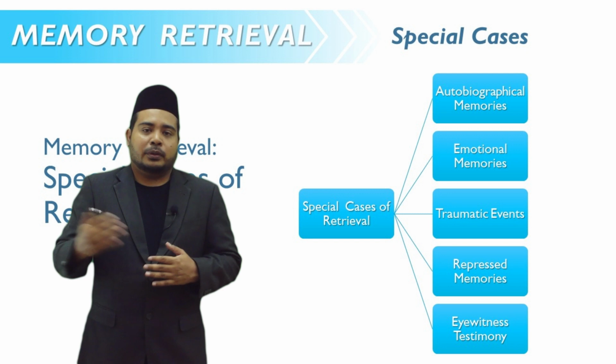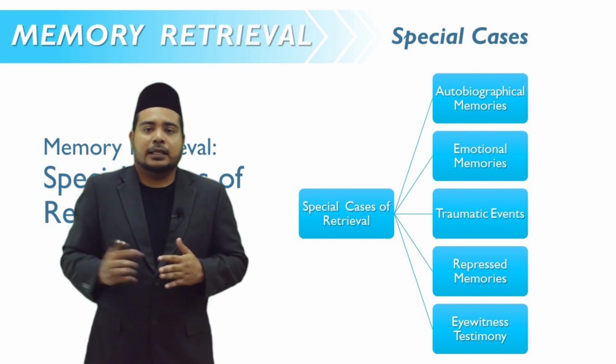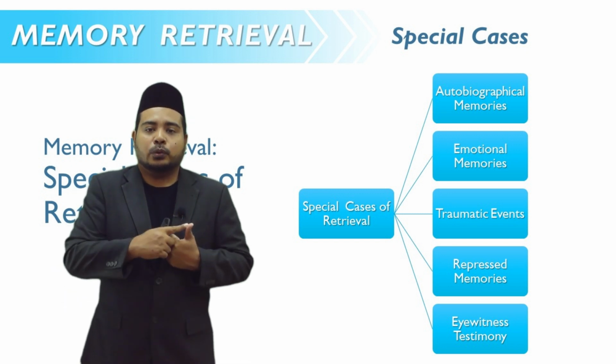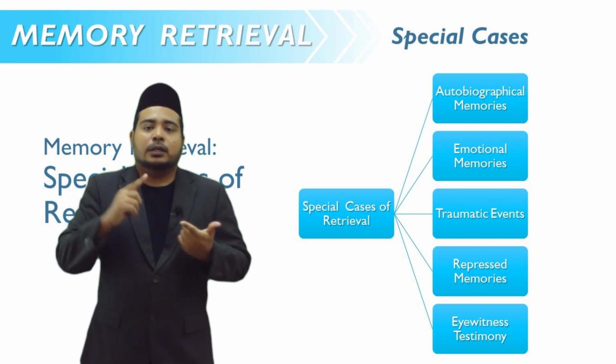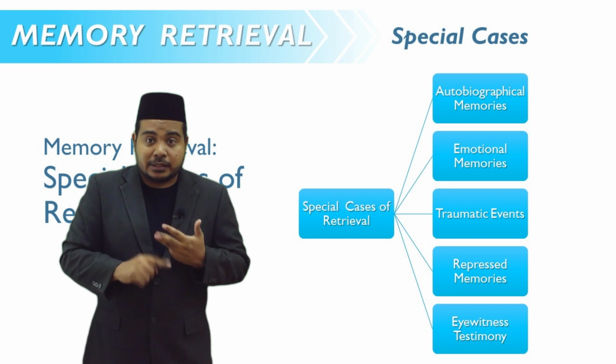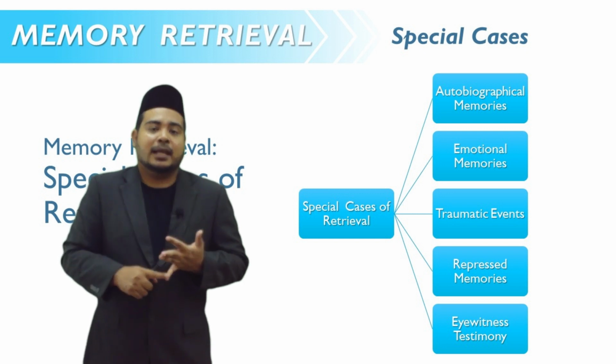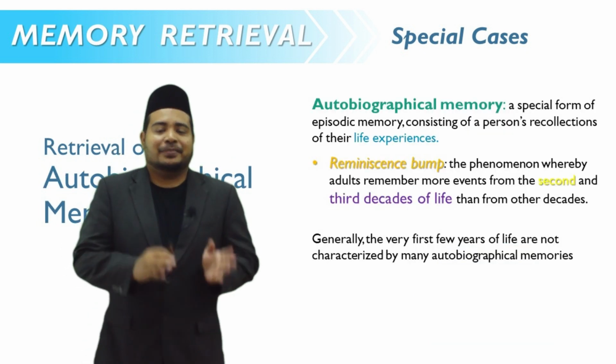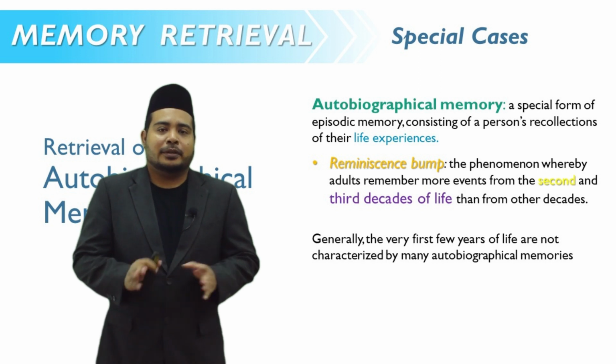Some of them we are going to discuss in this chapter, which are autobiographical memories, emotional memories, traumatic events, repressed memories, and eyewitness testimony. The first special case in memory retrieval is autobiographical memories.